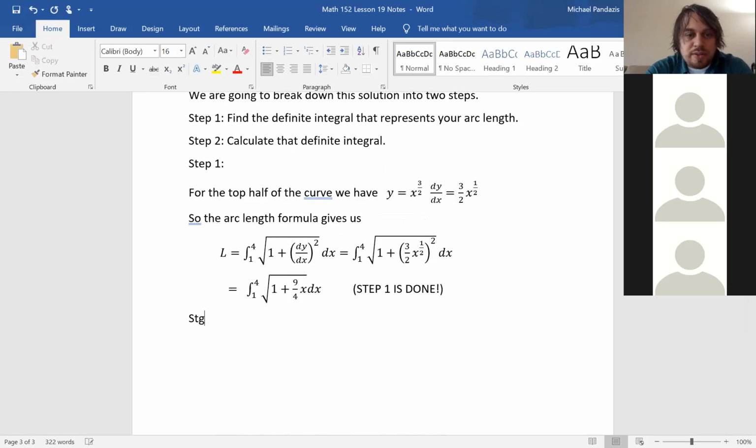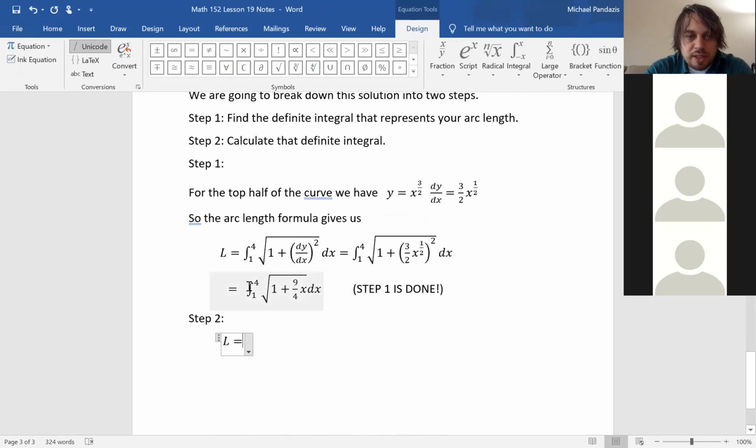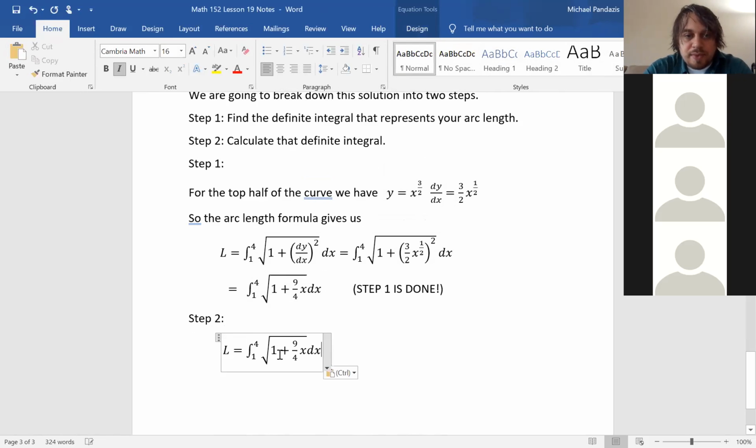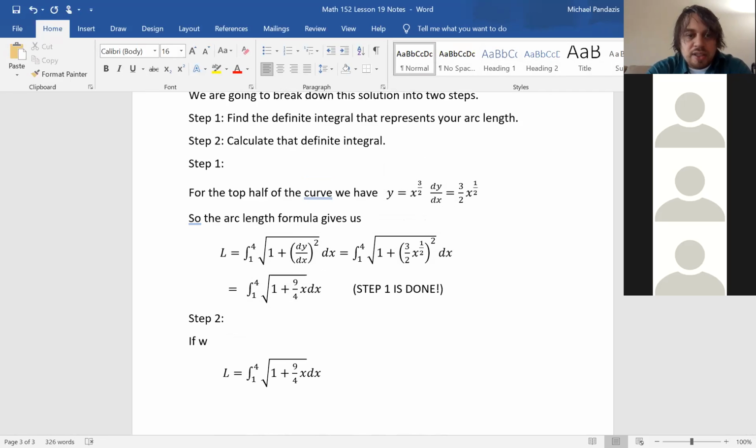Okay? So I'll write step 2 here. Step 2 is we now have our definite integral, L is equal to this. And now we want to calculate that definite integral. So the goal is to calculate the above definite integral.